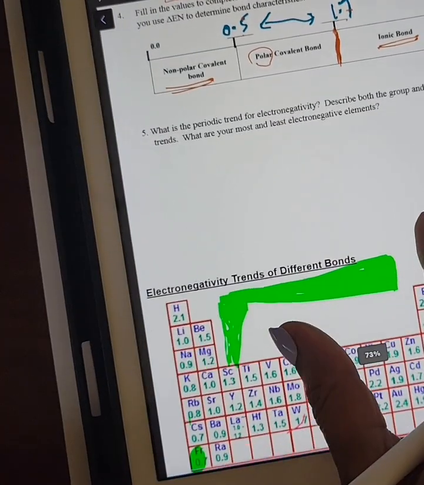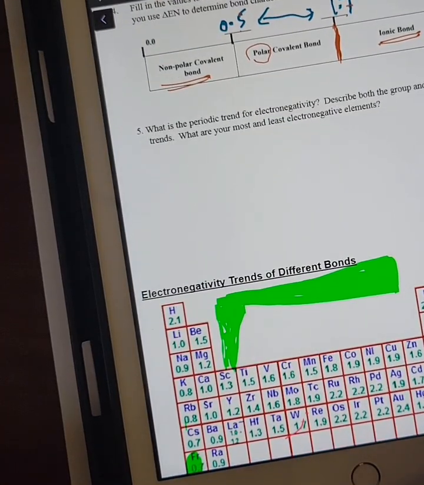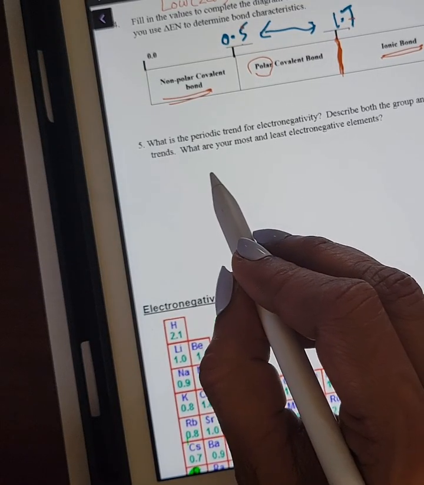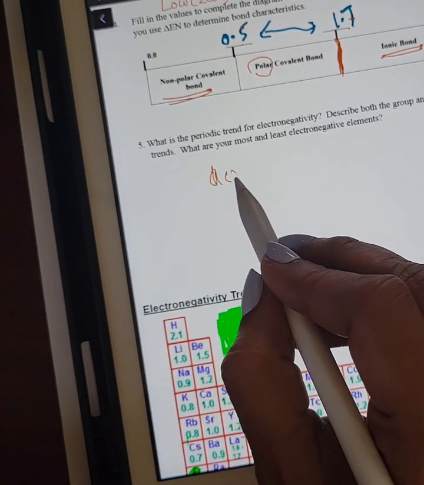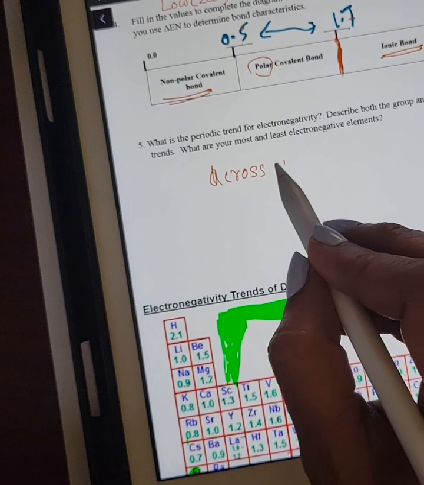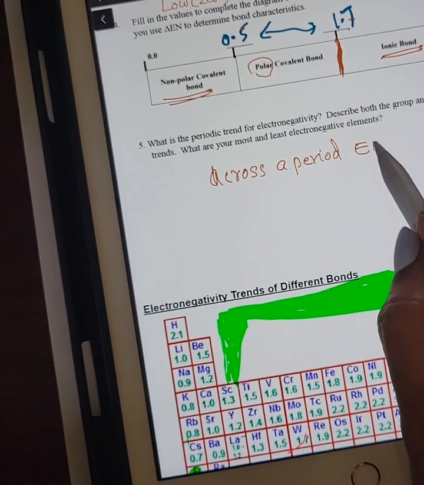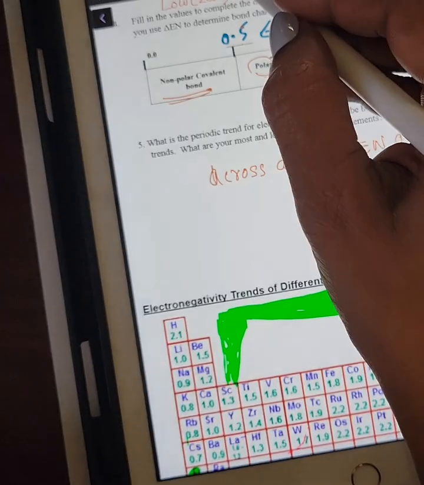Okay, the periodic trend for electronegativity. What is the periodic trend? We know that when you move left to right across a period, electronegativity is increasing.